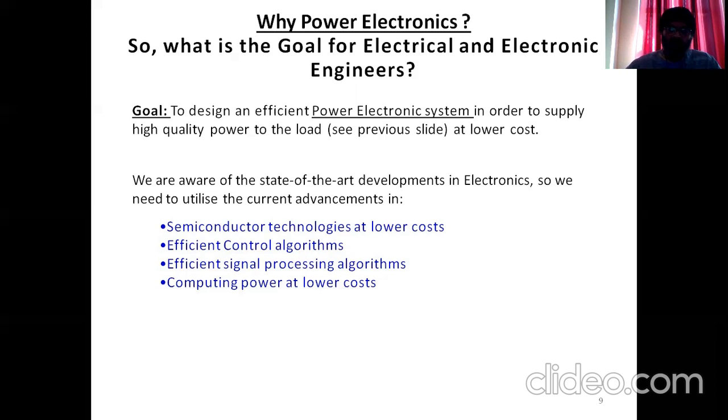So we can use all these state-of-the-art technologies in designing power electronic systems to achieve our goal, which is high quality power at the load at lower cost. So that will be a kind of a syllabus for our power electronic systems, that is how to achieve this goal.